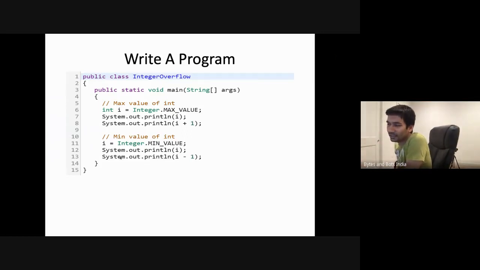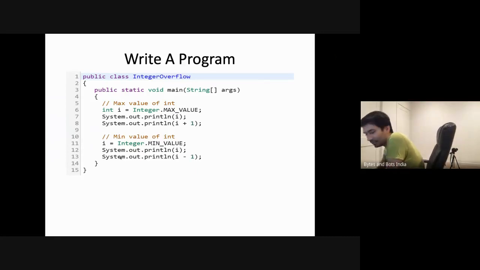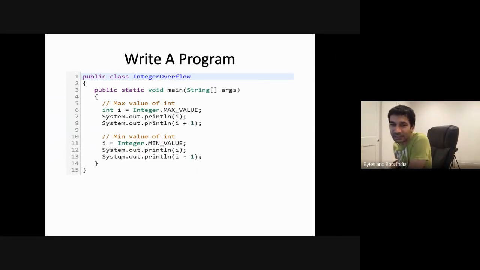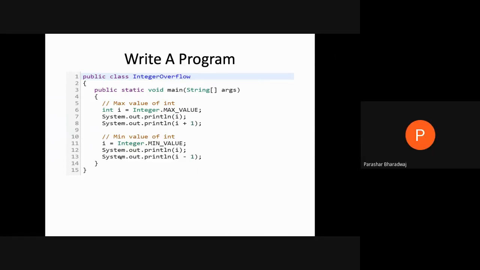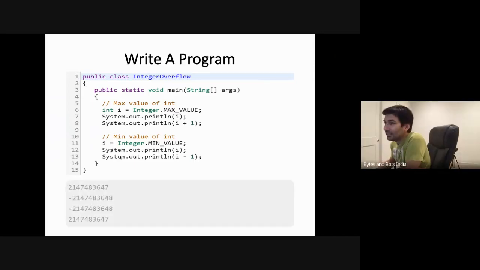I can wait for maybe a minute. Give it a try. It's very interesting, and it'll surprise you. I did it. It gave me the positive value. If you print the max value, it is positive. If you add 1 to it, it is a negative value.